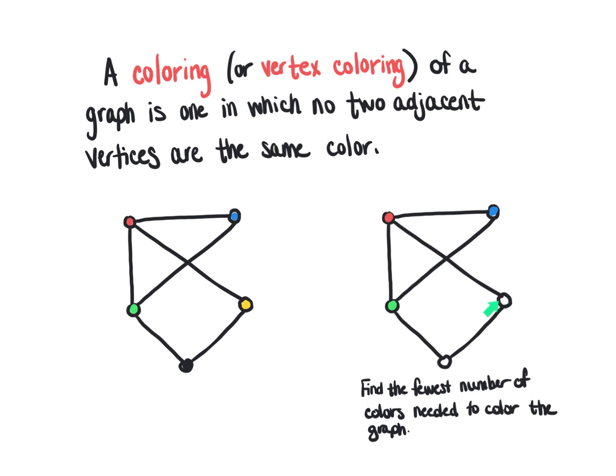Moving across to the next vertex, again, the goal would be to not have to grab a new color. So the goal would be to use red, blue, or green. So looking at this vertex, I cannot color it red because it's adjacent to red, but I could choose to color it either blue or green. I'll choose blue.